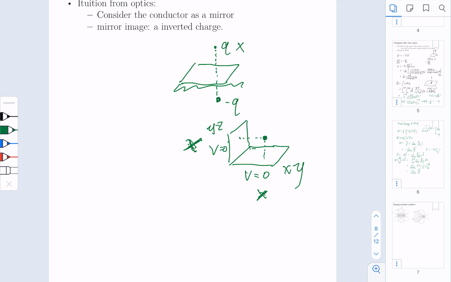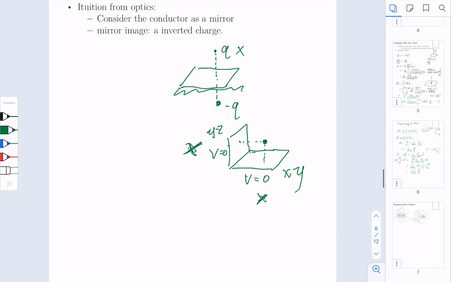So after you give an expression for the potential, always check if the boundary conditions are satisfied at the boundary, and if they are, then you are done. What you added is outside the surface, and inside the surface the V is introduced by this point charge.